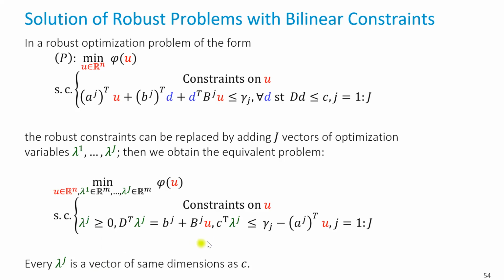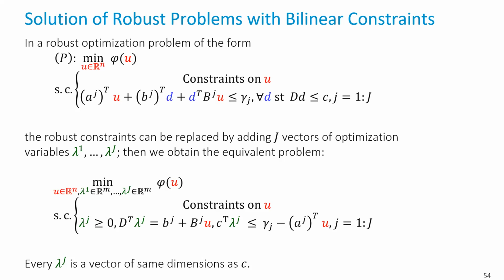One way to remember the size of this vector is that it will be multiplied by the C, which is the right-hand side of the constraint on the disturbance D here. So every lambda j has the same dimension, which is the set of inequality constraints we have for the disturbance variable D here.